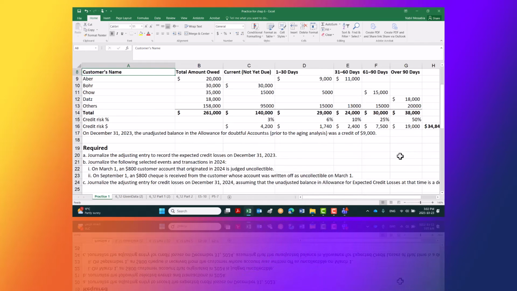So the loss was already being accounted for. We don't recognize another loss when it becomes a reality. When it becomes a reality, we just take from the provision, because this is a provision to cover any future loss. So just take from the provision, debit allowance, and cancel the receivable. That is how we account for write-off.